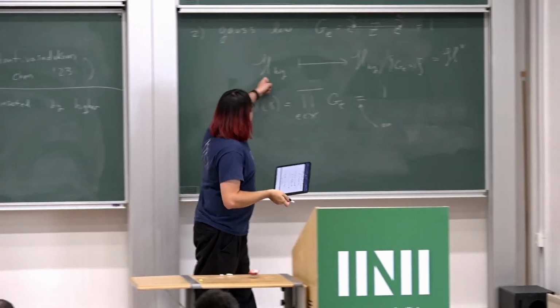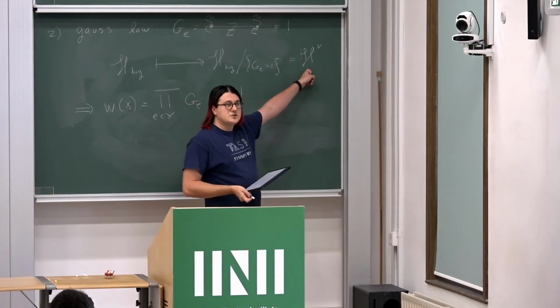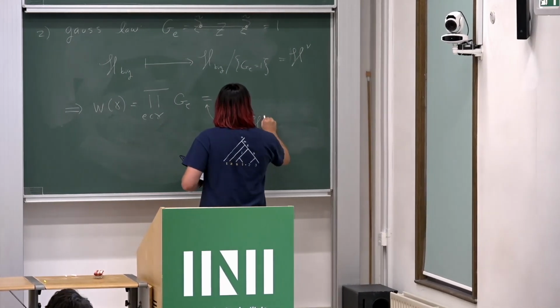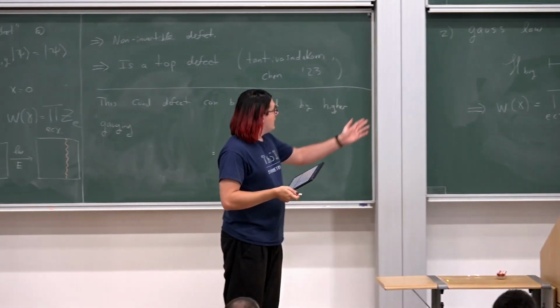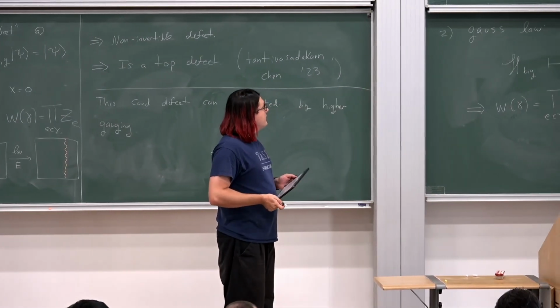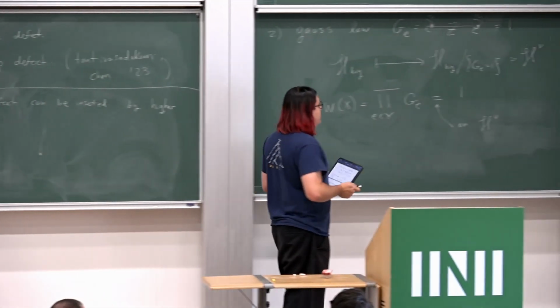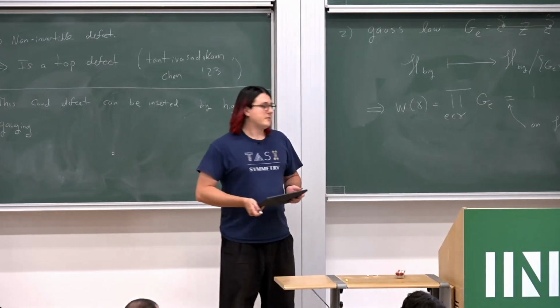So I started with my H big, enforced the Gauss law, and now I have the Hilbert space of my gauged model, which I denote as H check. Good, so this Gauss law and this gauging procedure trivializes the symmetry operator in my gauged model's Hilbert space. So that's a check, it does it.